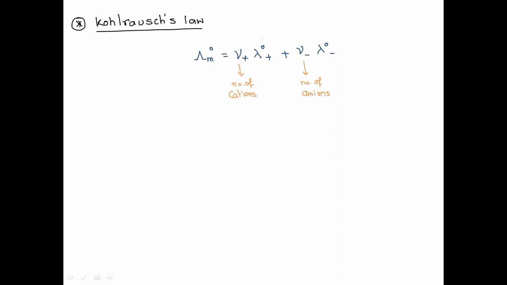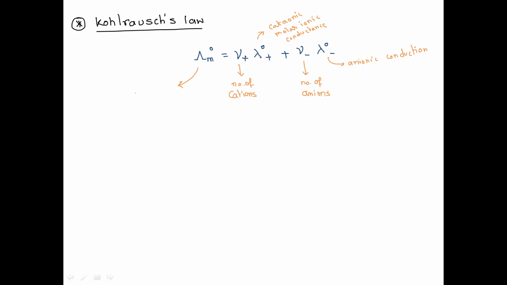and lambda 0 plus is essentially the cationic molar ionic conductance, and lambda 0 minus means the anionic conductance. Okay, and what is lambda 0 m?